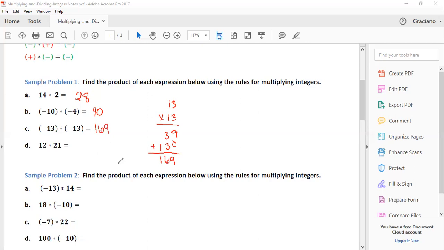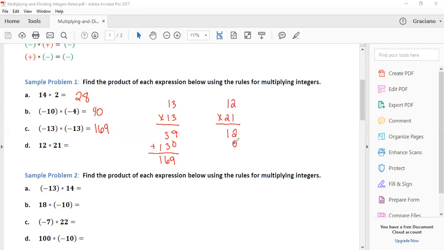Okay, just to show you, you don't necessarily have to know any of these answers, A, B, or C, off the top of your head. Always make sure you work through your process of how to multiply in case you need to, right? So set it up, make sure you indent for the tens. All right, same thing we're going to do for 12 times 21. Right, 1 times 2 is 2, 1 times 1 is 1.